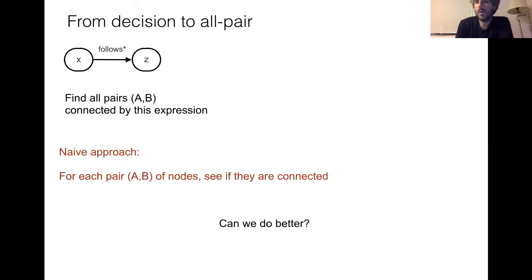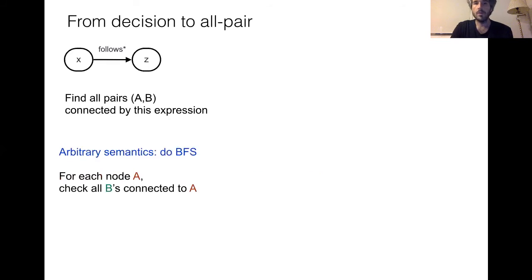So the question is whether we can do better. This seems to be a very slow algorithm. Right as it is, it's already quadratic, not counting the cost that we need to actually check the decision problem. So again, if we're talking about arbitrary semantics, this is already established. I'm going to talk you through this.